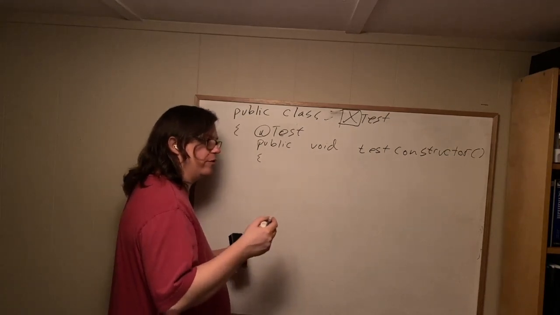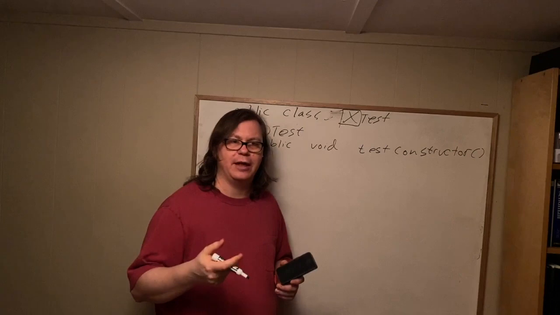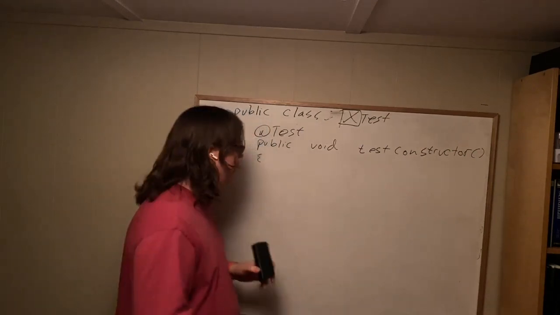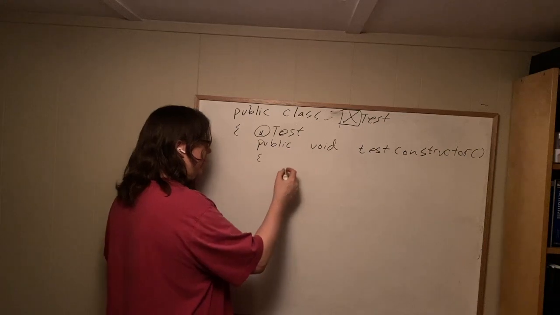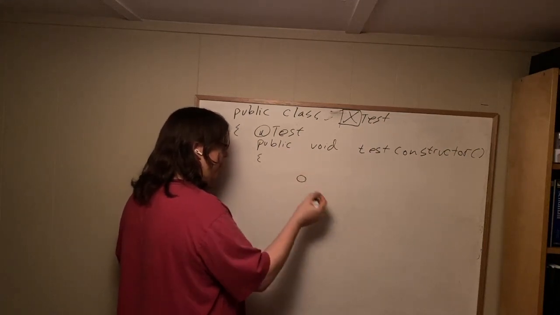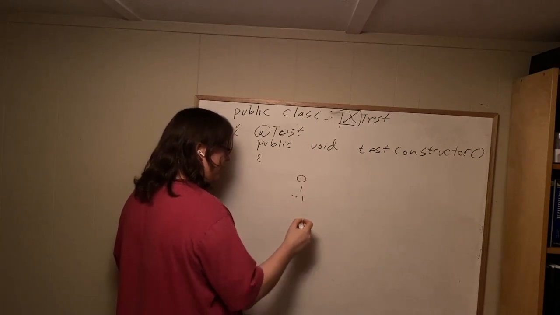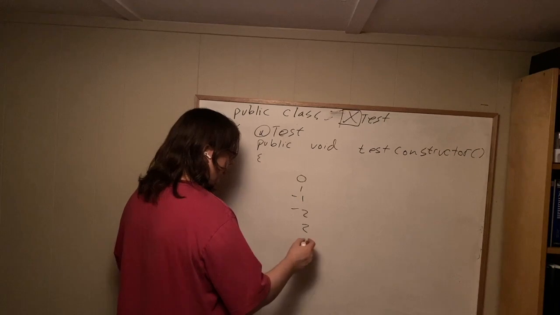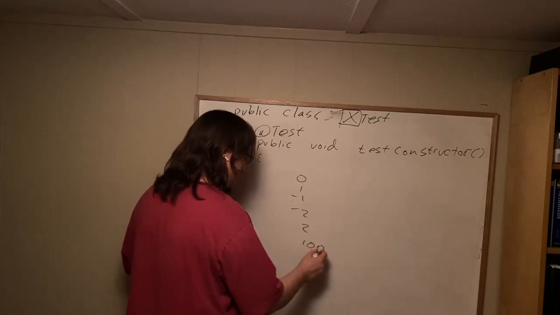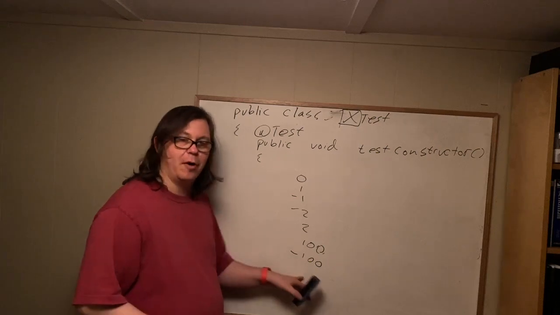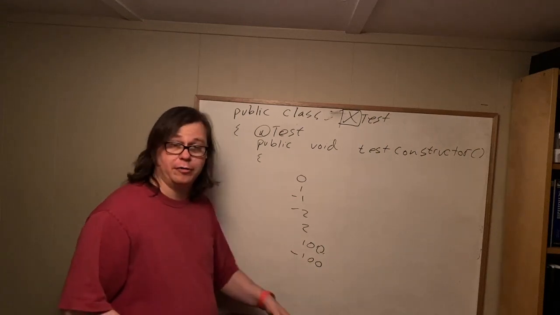What you want to do is check all of the boundary cases, all the corner cases, all the special cases, right? So if I say it's got to be greater than 0, things I'm going to check are 0, 1, -1, -2, 2, 100, -100, the minimum, the smallest possible integer, the largest possible integer, right?